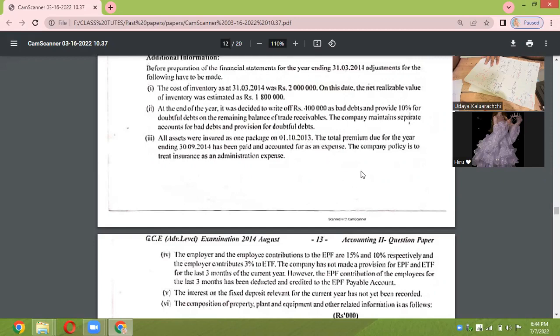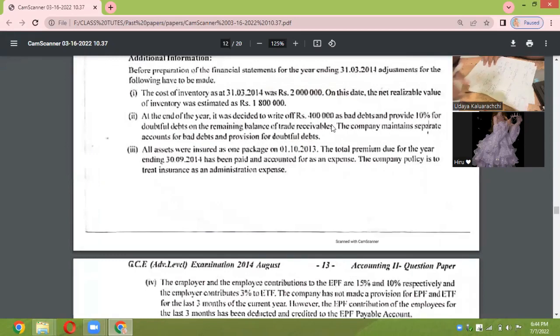The company policy is to treat insurance as an administration expense. Let us look again. Adjustment number 3. All assets were insured as one package.